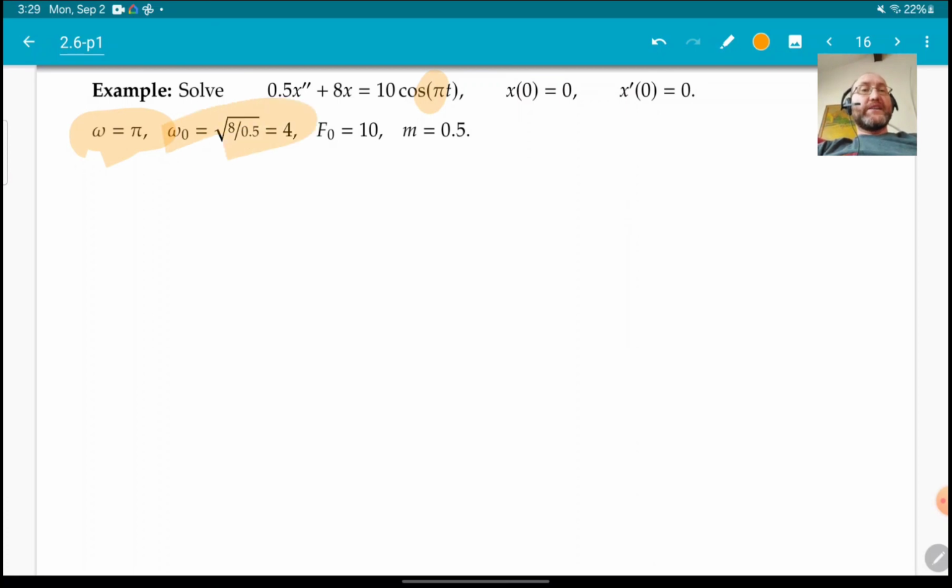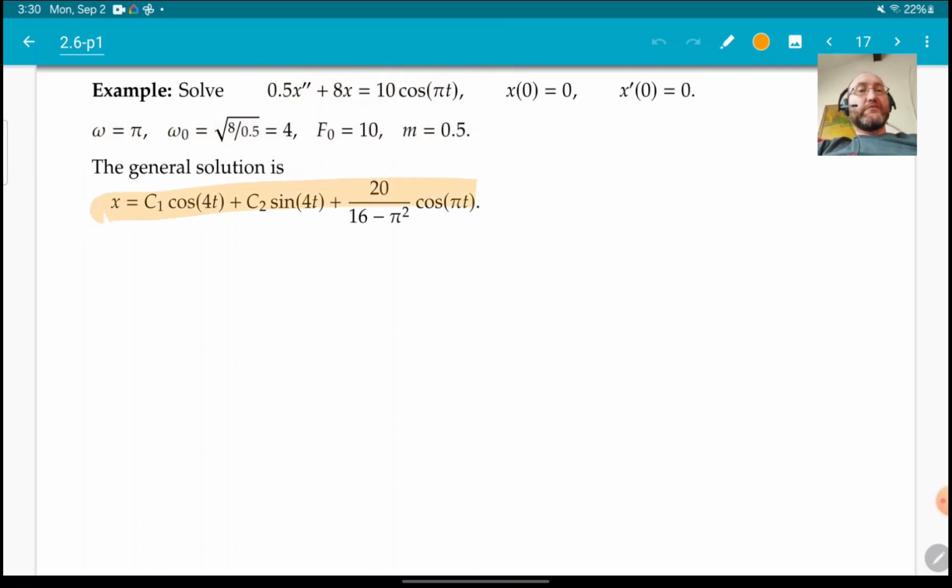Omega naught is the square root of k over m, so it's going to be 4. F naught is 10, and mass, as I planned, is 0.5, sorry.